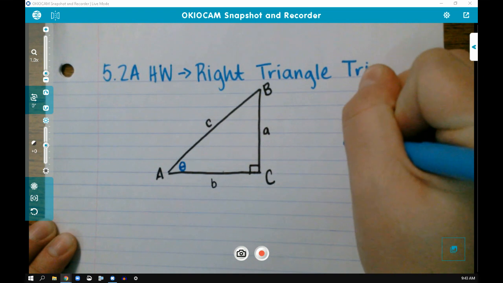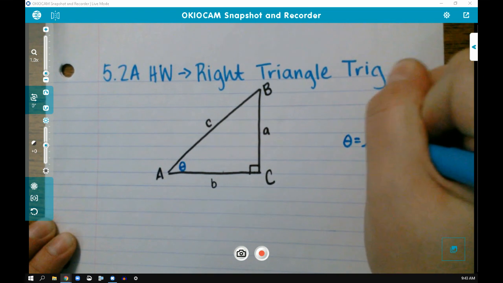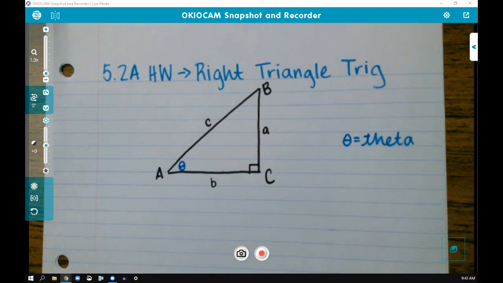That's a lowercase theta? I said, what's a lowercase theta? Oh, they actually look super similar. Wait, theta.